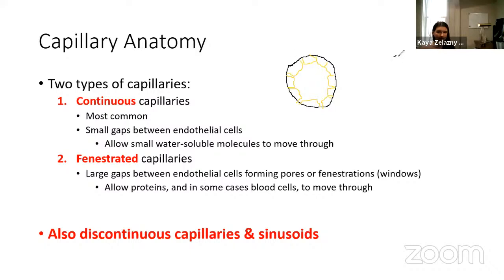This is different from our fenestrated capillary. I'll have a cross section there, because our fenestrated capillary is going to have large gaps between the cells. All right, I'll make these cells slightly larger just so my drawing is faster. But we're going to have these cells much more spaced out, which is why we're going to have room for the proteins, maybe even blood cells, to move between this endothelial cell layer, right?